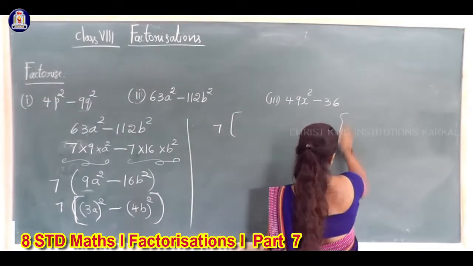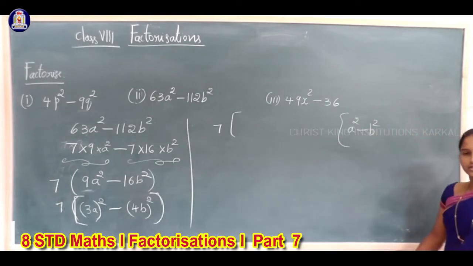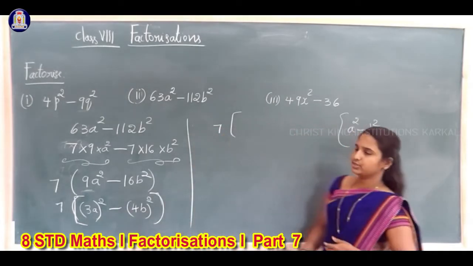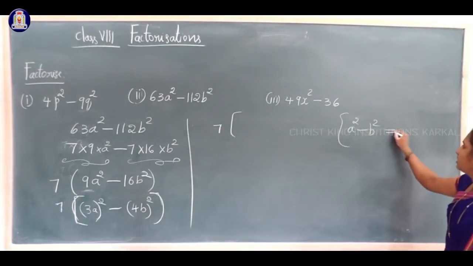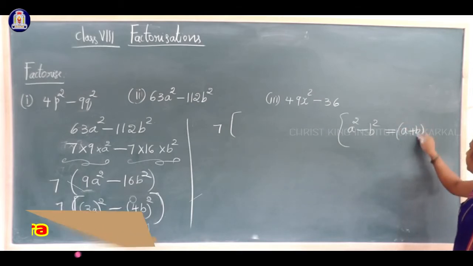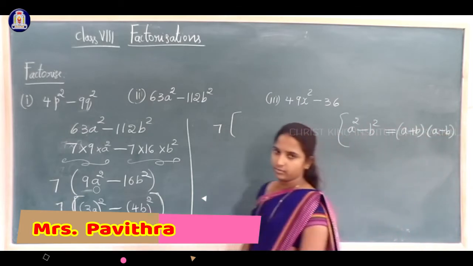I'll write on the side. We are now using the a square minus b square identity. The term is in the form of a square minus b square, so a square minus b square means a plus b into a minus b.